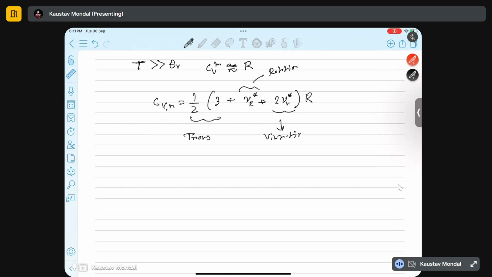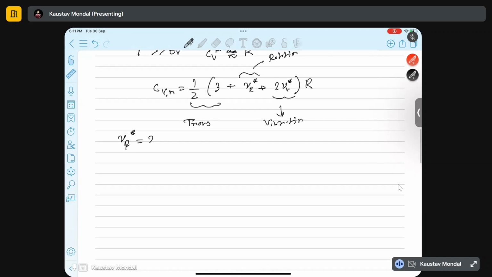Here nu r star is 2 for the case of a linear rotor and 3 for the case of a non-linear rotor, and nu v star is equal to 1 if all the vibrational modes are activated.